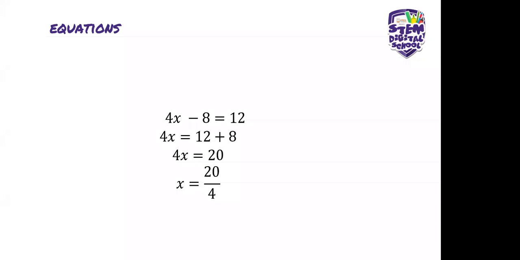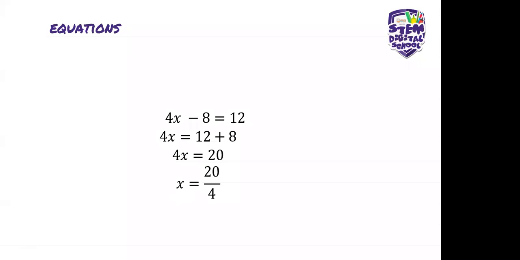And how do you get rid of the coefficient of 4? Then you can apply the multiplicative inverse. And what is the multiplicative inverse of 4? It will be 1 over 4. So in other words, you have to divide both sides by 4. So if you divide 4x by 4, you will be left with x.